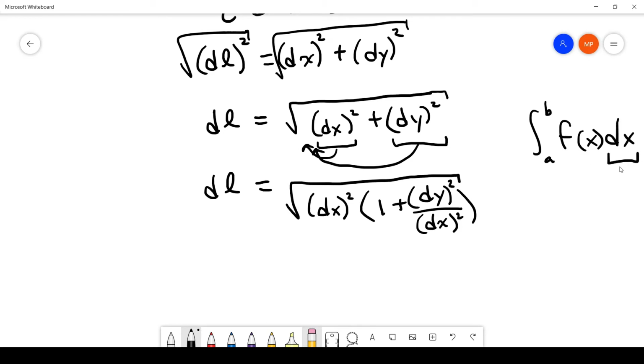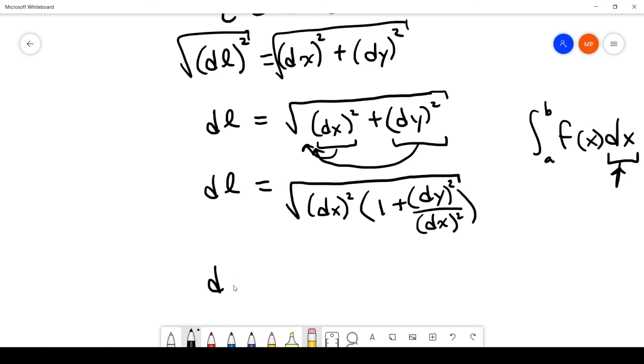We want to have this dx term out here. And so the only way we can get that is by taking out a dx squared, and you'll see here we're going to have this square root with a square term in here, and these two terms are multiplied together, and so we'd be able to take out that dx squared. And that's exactly what we're going to be doing in this next step here.